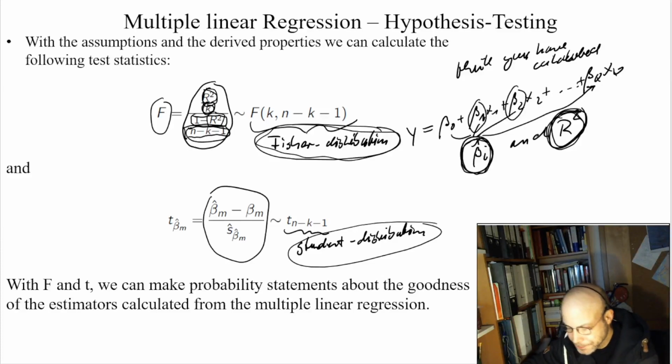And then there was some Irish guy who worked for an Irish brewery in the beginning of the 20th century. Until this time, people more or less assumed that the distribution for these beta parameters was only the normal distribution.